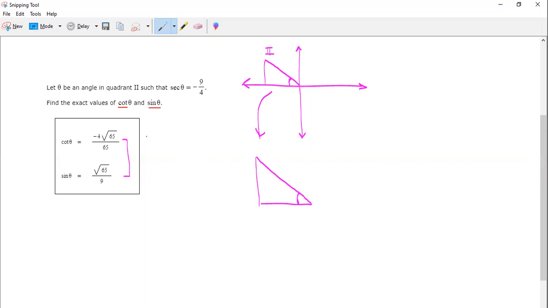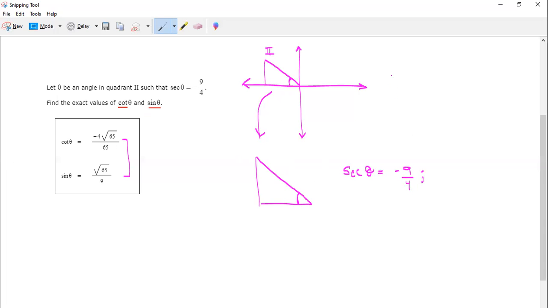After doing that, the cotangent, which is just 1 over the tangent, or the sine, which is just the opposite over the hypotenuse, is where we would derive our exact values. So we know that the triangle looks something like this, and we're given the fact that the secant of theta is equal to -9/4, right?